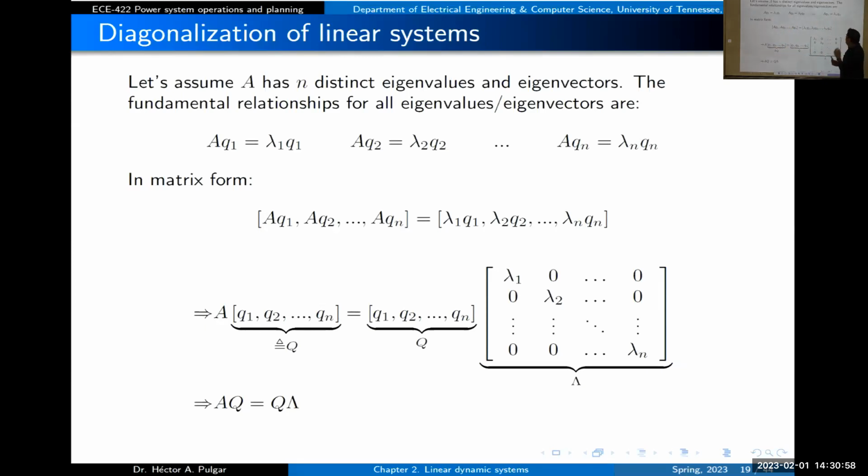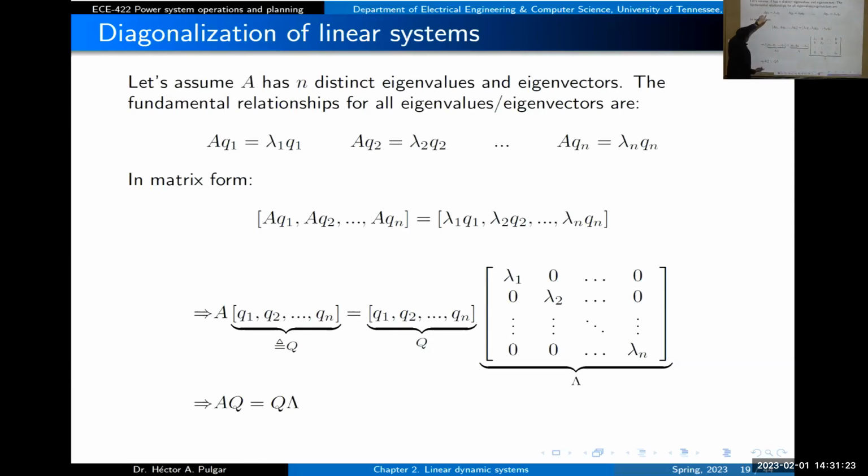Because they all depend on A, and A is capturing the characteristic of that system, when you do this product, what do you have? A column vector, column vector, column vector. All of these are column vectors, so we can put them all together.